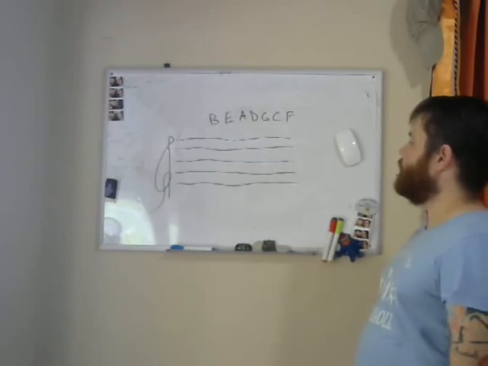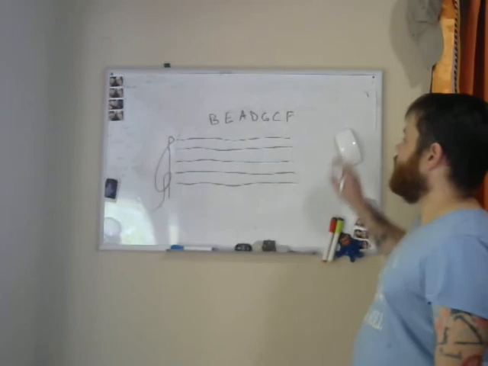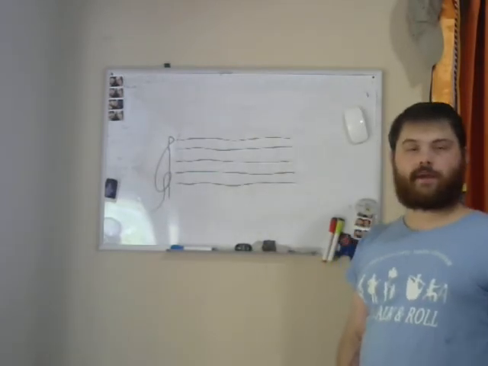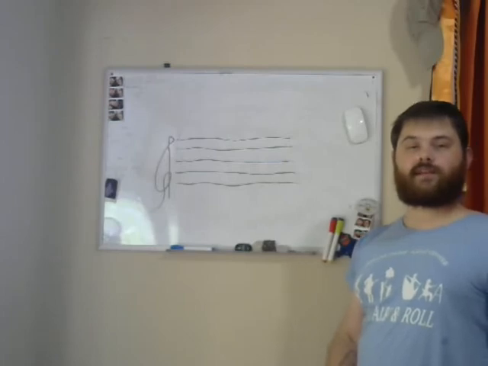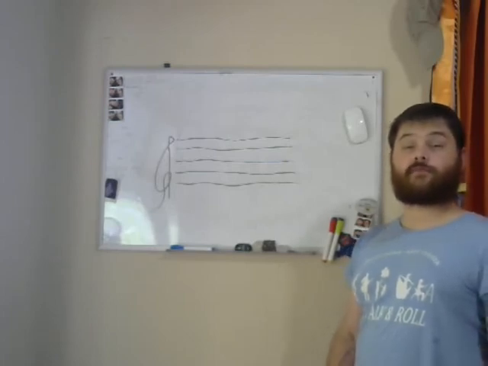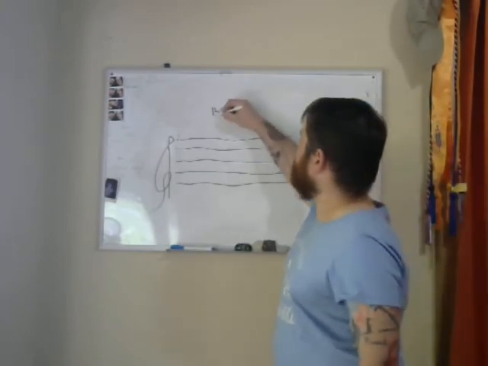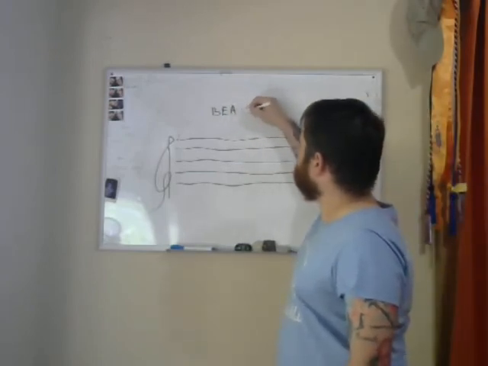So let's back up. If you see nothing, that's C major. C major is just C to C, it's all the white keys, no sharps or flats. So you're not going to see the key signature. So let's go back to our flats.